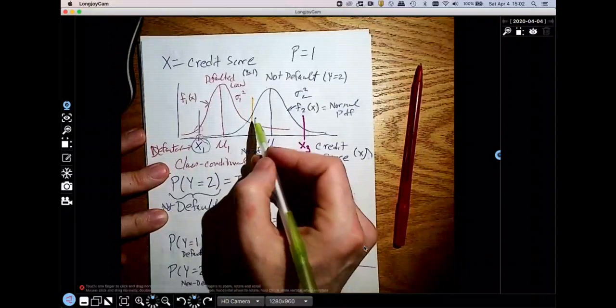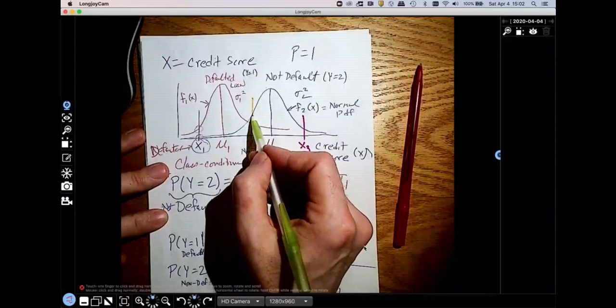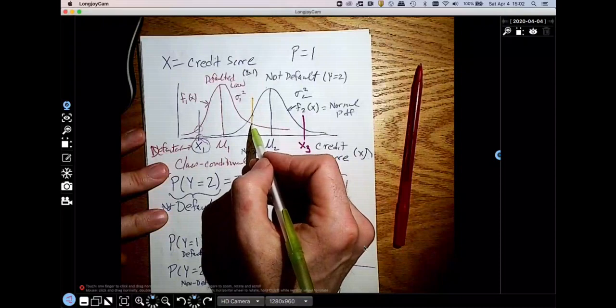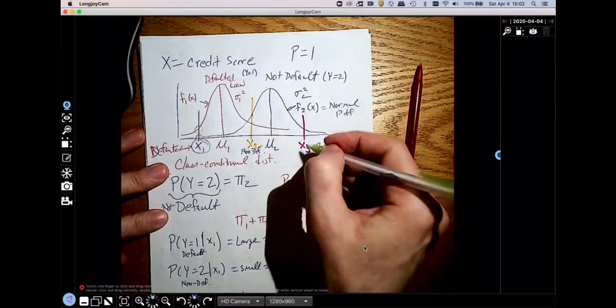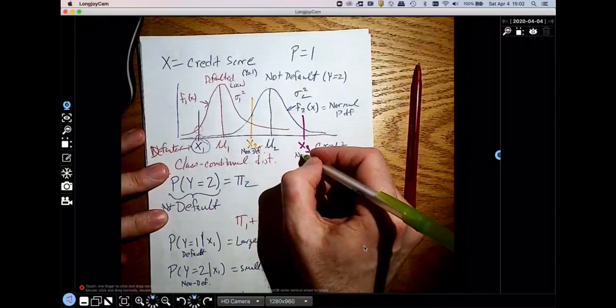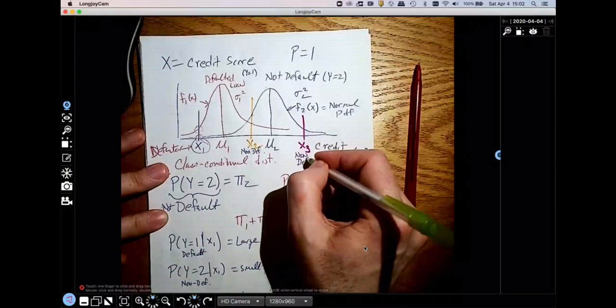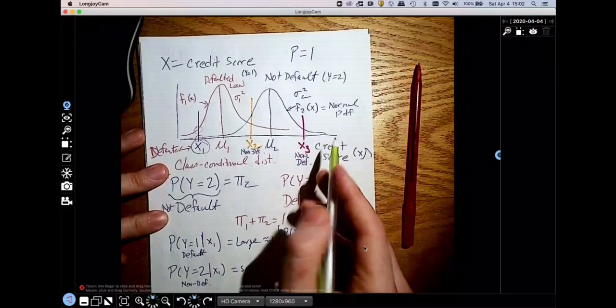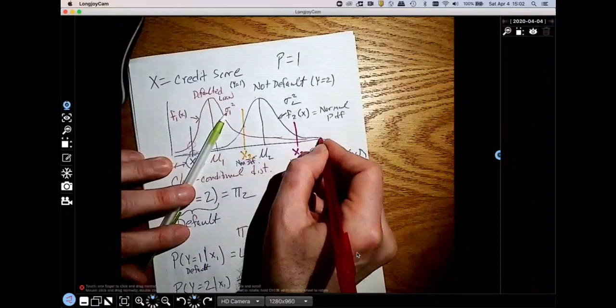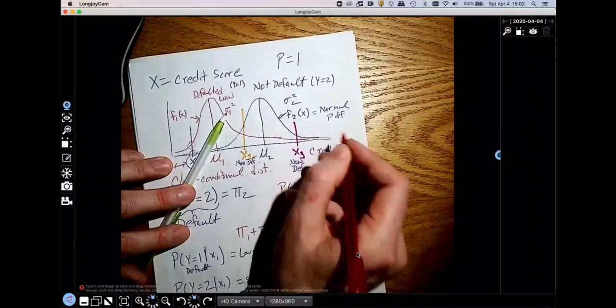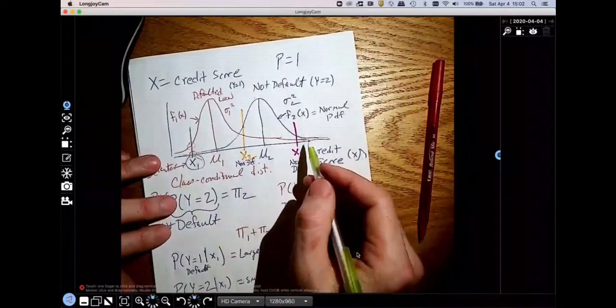Why? Because this value is greater than this value. So the blue curve is higher than the red curve. And then of course with x3, this is also going to be a non-defaulter because the blue curve is way higher than the red curve here. So here's the red curve going off to infinity.